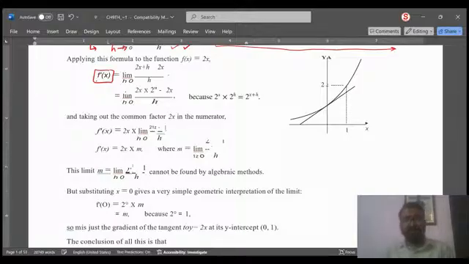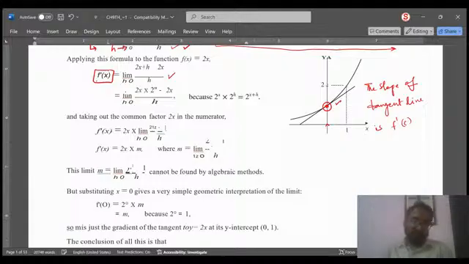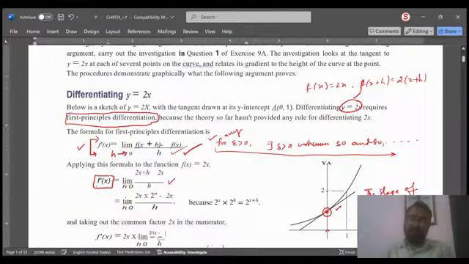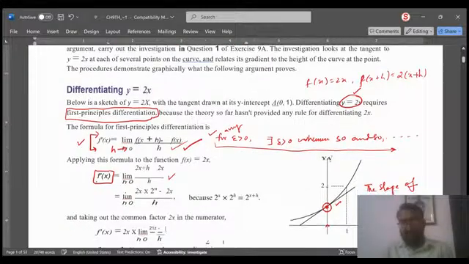Derivative is equal to the slope of the tangent. The slope of the tangent is nothing but your derivative at that point, whatever point you take. The slope of the tangent line is f dash c, f dash 0 in all the cases. So there are applications like that.